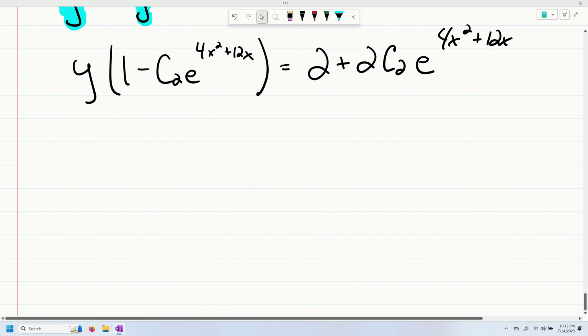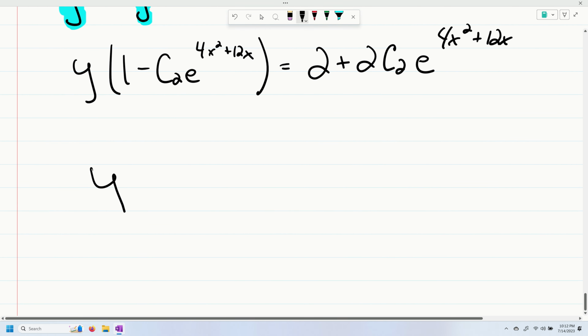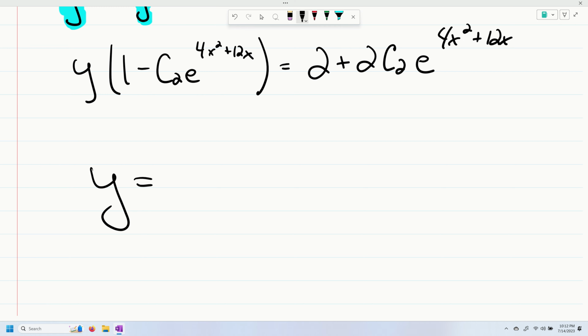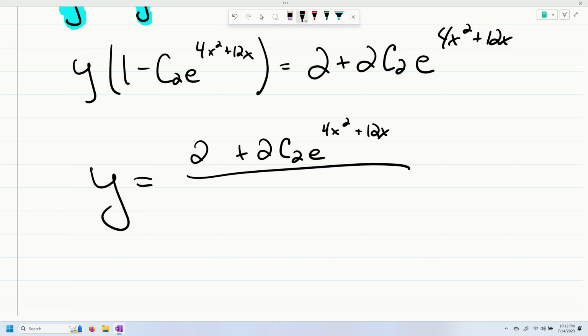And finally, at the end of the day, y is going to equal 2 plus 2 c2 e to the 4x to the second plus 12x, all divided by 1 minus c2 e to the 4x to the second plus 12x.